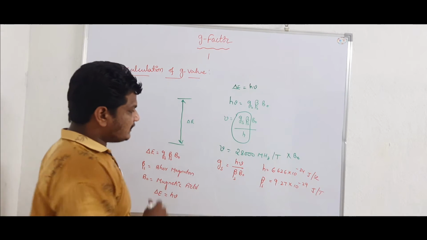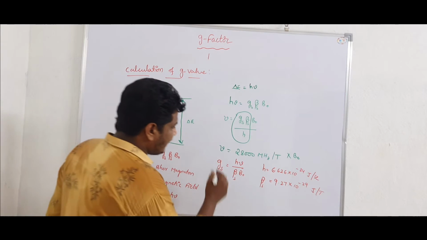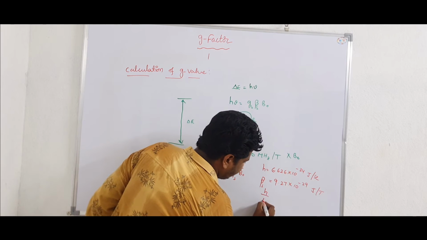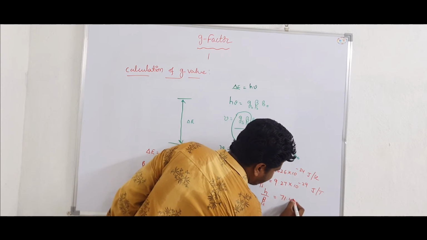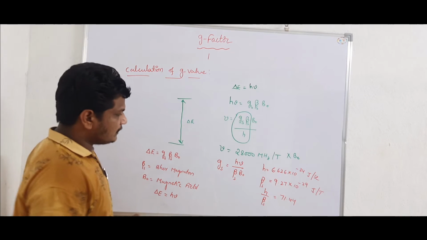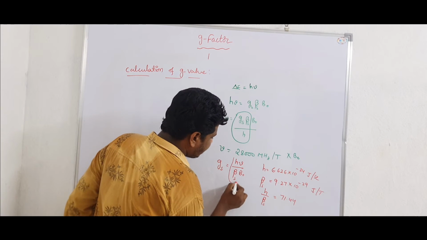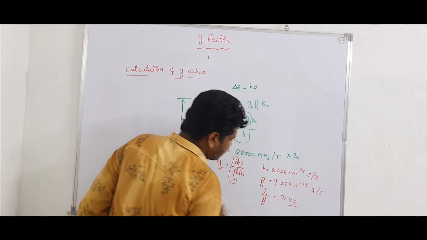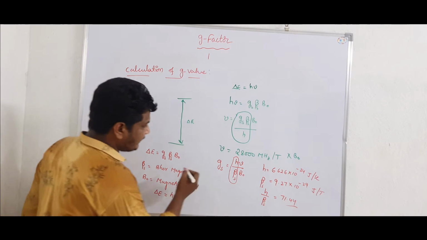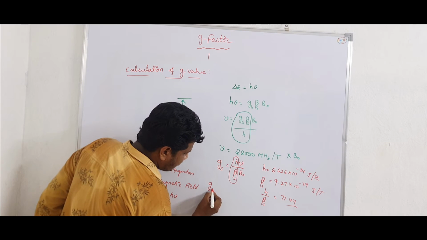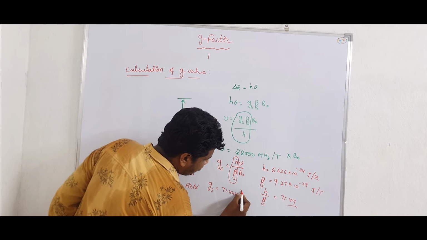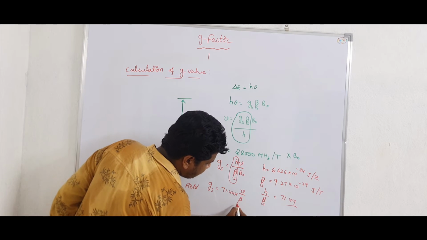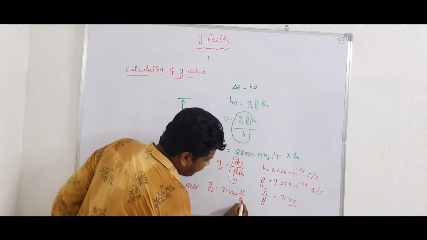If you substitute these values, the value of h by beta S is equal to 71.44. Substituting this, we get Gs is equal to 71.44 into mu by B naught.